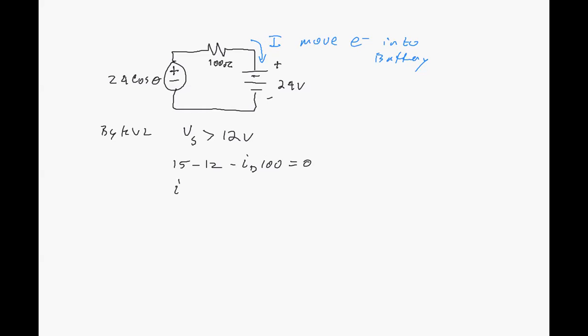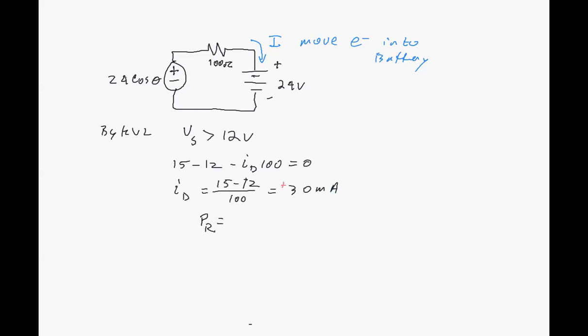ID is equal to 15 minus 12, or 3 volts, divided by 100. That would be 30 milliamps charging. And critically, importantly, that's a positive current that we've got going in there. So that's good. We're charging. In the resistor, we would have a power dissipated, PR.